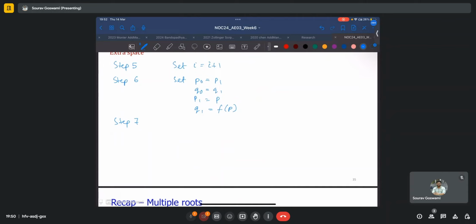So we'll output the method failed after maximum number of iterations. And we can also display this number. And of course, you must remember to stop.